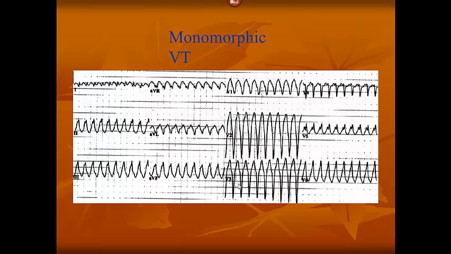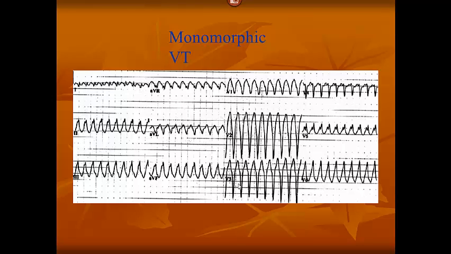Now, ventricular tachycardia could be monomorphic or polymorphic. It refers to a wide QRS complex that originates in the ventricle, with a rate greater than 100 per minute.